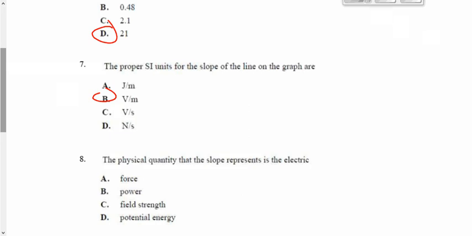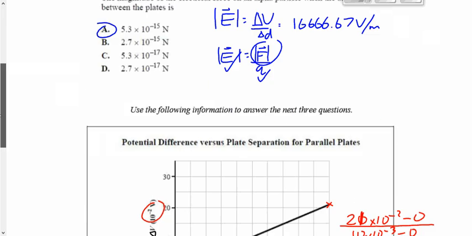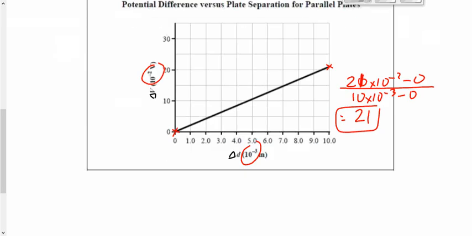Okay, 8. The physical quantity that the slope can represent is the what? We've got to do our little y equals mx plus b thing for this. I've never seen this graph before, so let's do our y equals mx plus b thing that we've done on a couple of labs now. On the y-axis, we have delta v. M is the, what does M stand for?